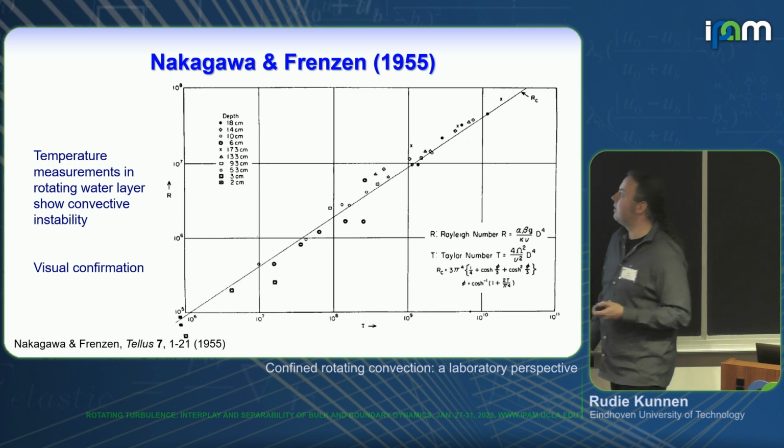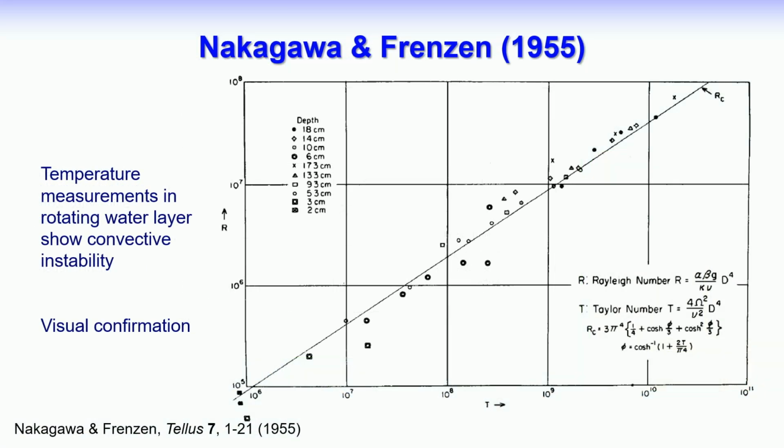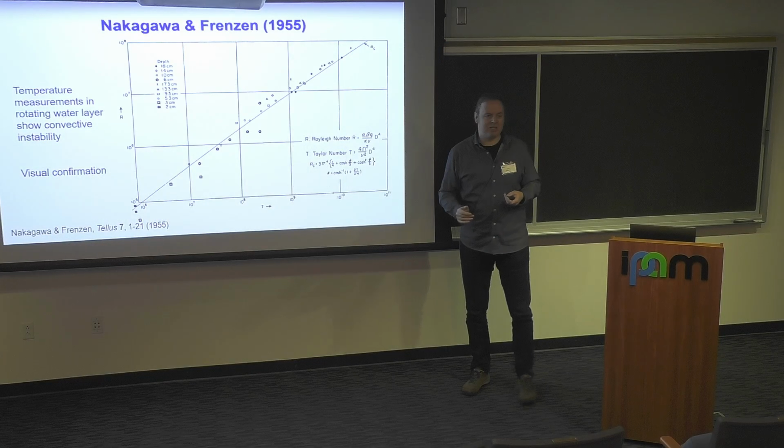Quite soon thereafter, 2 years later roughly, there was already an experimental verification by Nakagawa and Frenzen in a thin water layer. And the diagnostic that they used was actually to measure temperatures in the bulk of the liquid. And they could then see by the response of these temperature probes whether convection had set in.